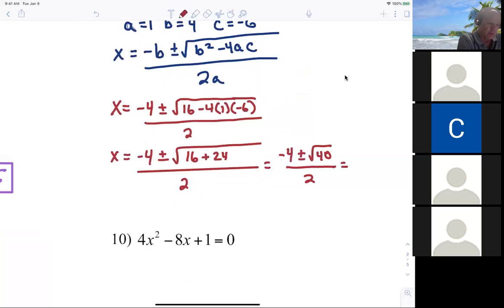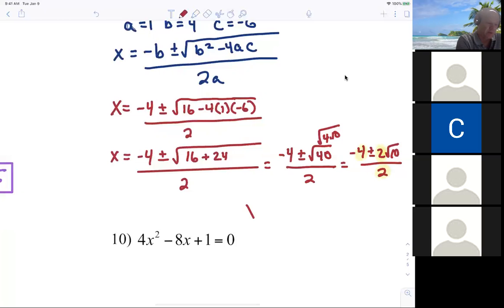Now we break that down. Remember, 40 is 4 times 10. So -4 plus or minus 2 radical 10, over 2. And now the final thing: all you have to do is look at the 2, 2, and 4 and say, hey, they're all divisible by 2.